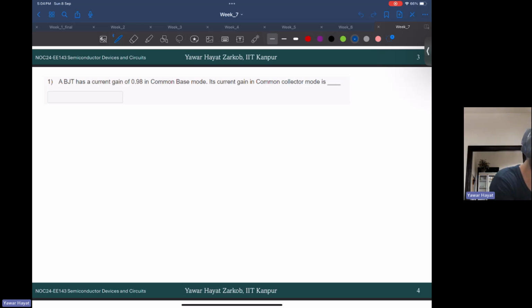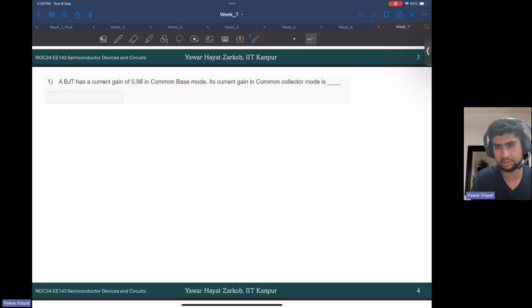Okay, I guess I gave a sufficient amount of time. Now let me discuss this question. Firstly, I'm assuming you know what common base configuration and common collector configuration are. In common base configuration, the base terminal is connected to ground, and it is shared by both the input and output circuits. While in common collector mode, we apply the input signal at the base terminal and the output is taken from the emitter terminal.